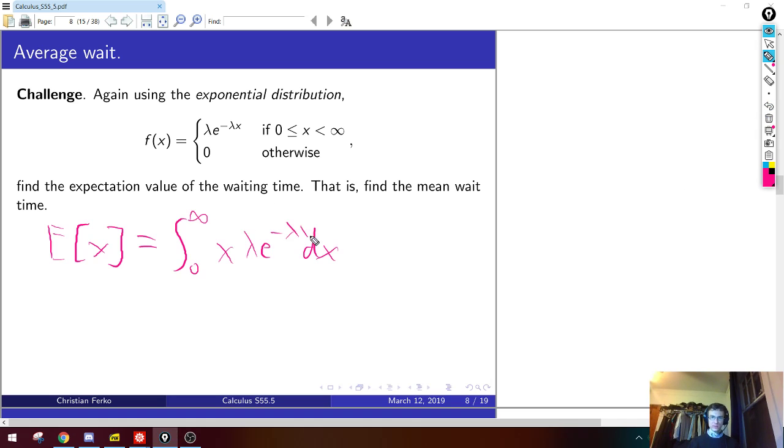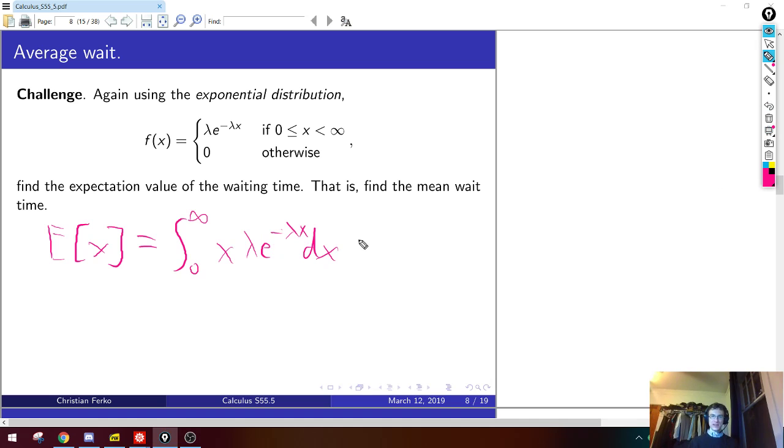What is the antiderivative of lambda e to the negative lambda x? It's going to be e to the negative lambda x times minus 1 over lambda, right? The same thing we saw before.